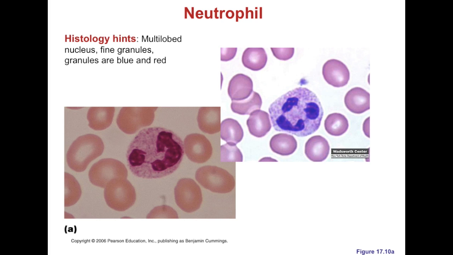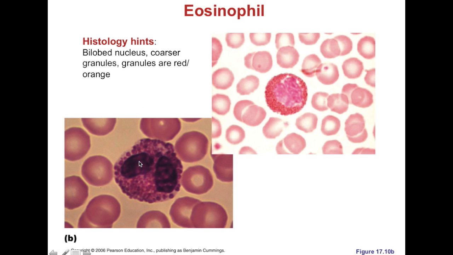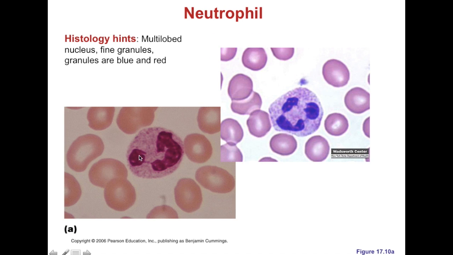But for identifying them, their distinguishing feature is that they have between 2 and 5 lobes of the nucleus. And so here, a lobe, they're all mononucleate cells, meaning they only actually have one nucleus.